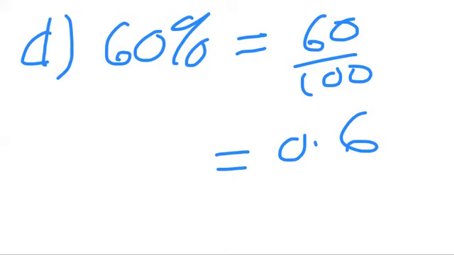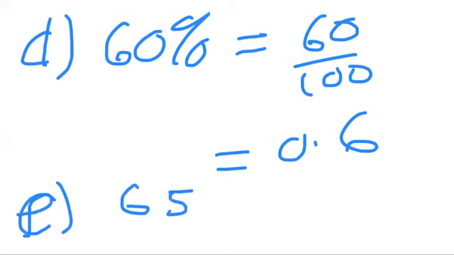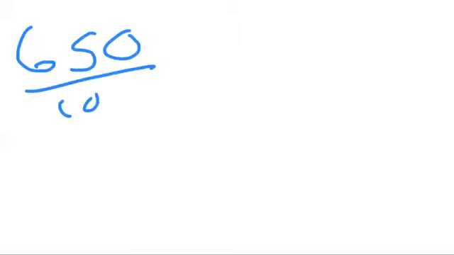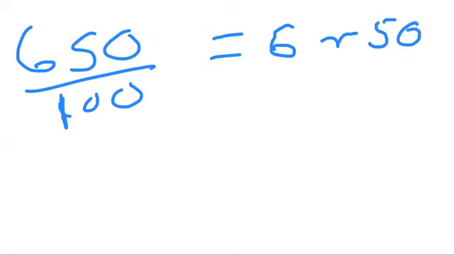Okay, put E. What about 650%? This is 650 out of 100, which, if I divide, would be 6 remainder 50 in another form.